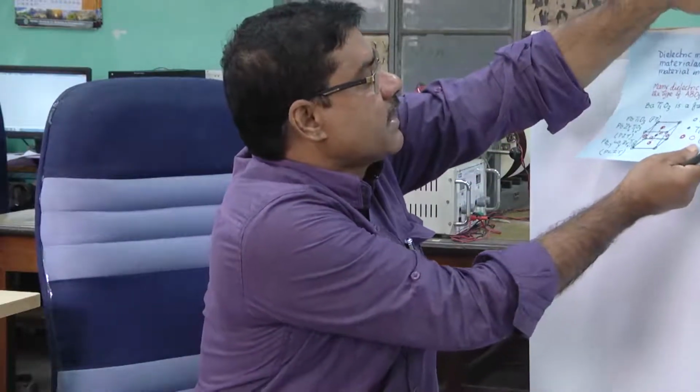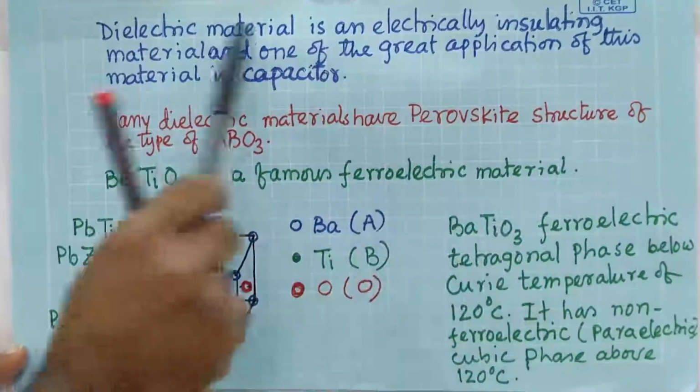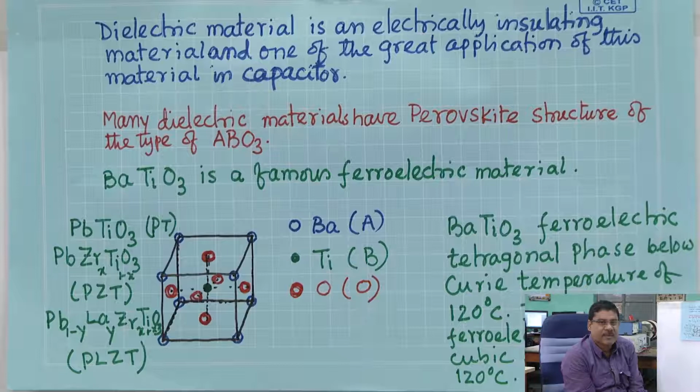First, I will demonstrate how to measure the dielectric constant of a solid. A dielectric material is an electrically insulating material, and one of its great applications is in capacitors.